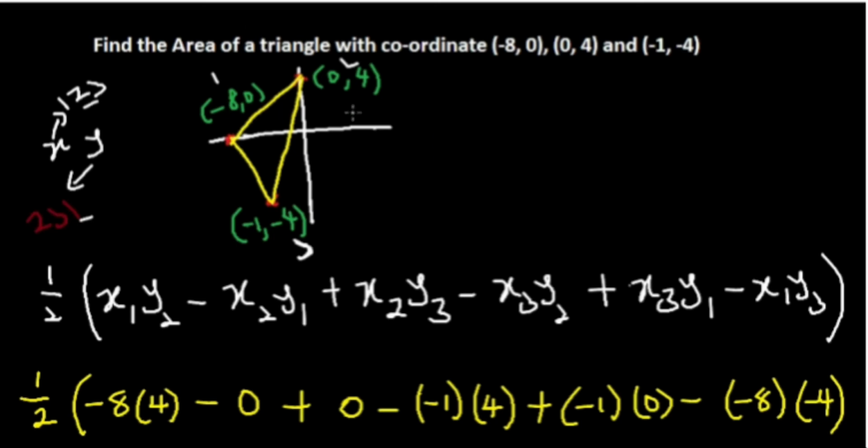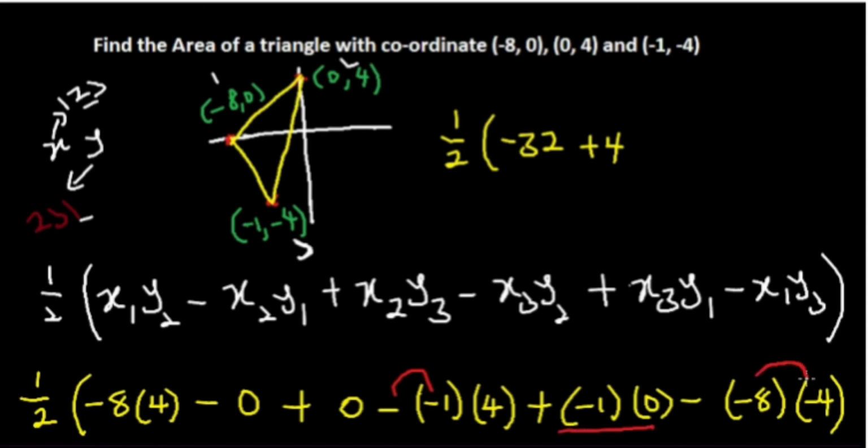Okay, so from here I have 1/2. Then this will be -32. Then if I check this place, minus times this, that will be plus 4. This will give me 0. This one here will be 0. So this one here, minus times minus is plus, and with this minus, that's minus.